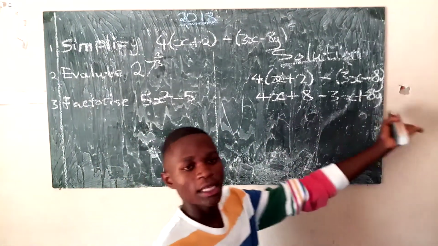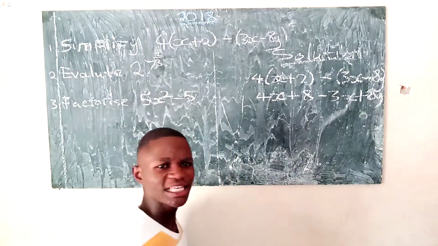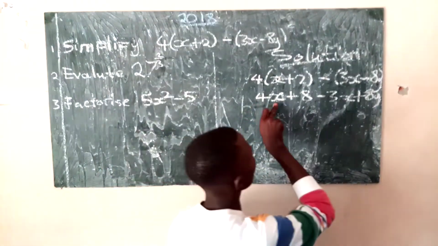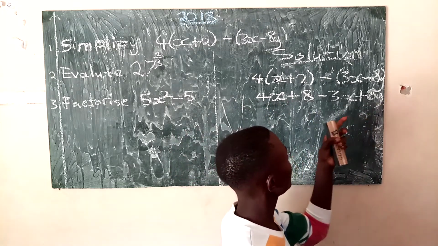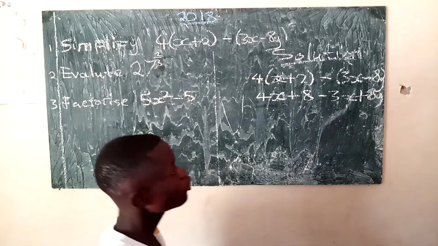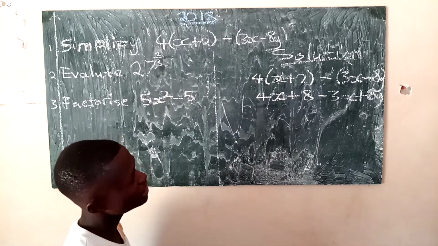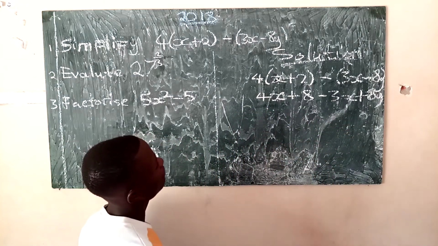Now, like terms can be added or subtracted. Which like terms? We have the terms which contain x, those which contain y, and those which contain neither. So we are going to add the like terms.